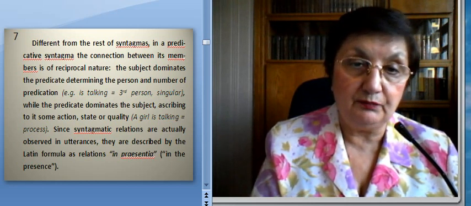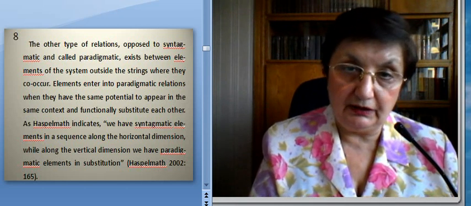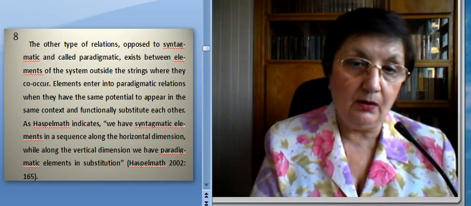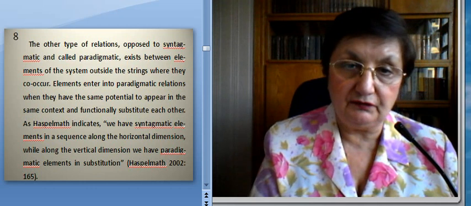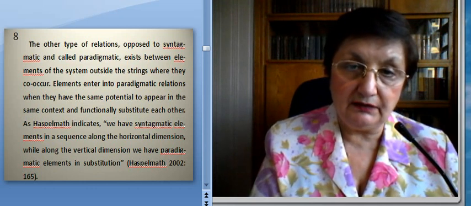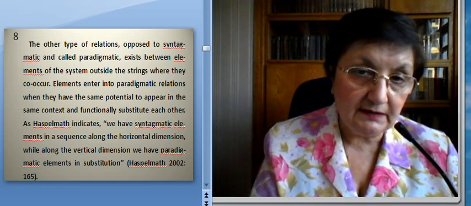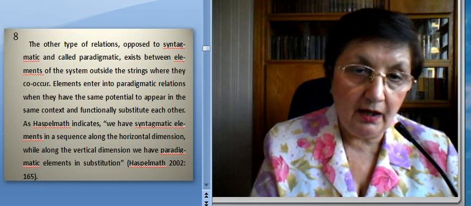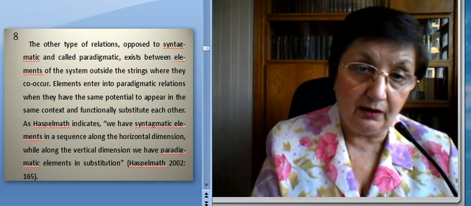The other type of relations, opposed to syntagmatic and called paradigmatic, exists between elements of the system outside the strings where they co-occur. Elements enter into paradigmatic relations when they have the same potential to appear in the same context and functionally substitute each other.